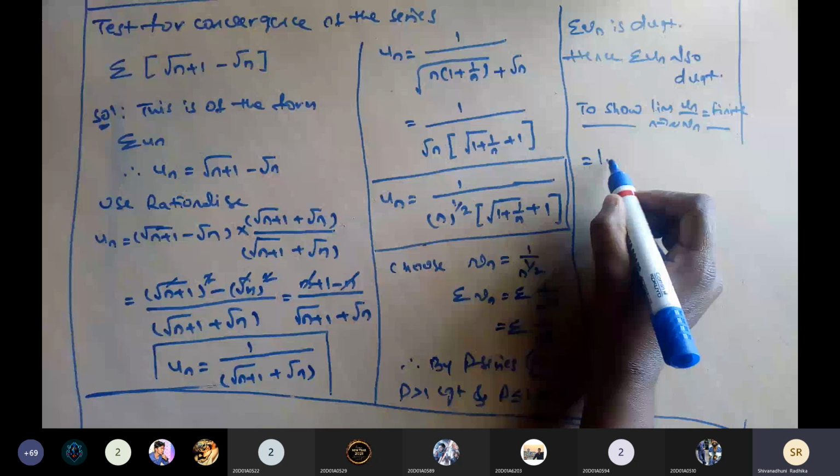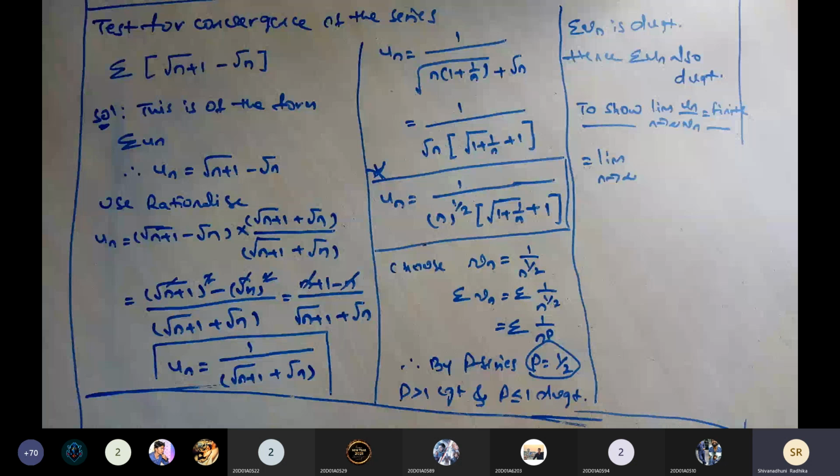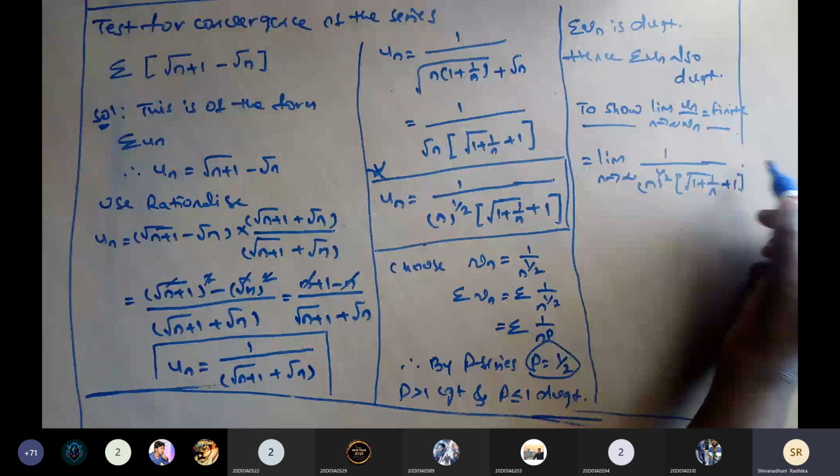This one is the un star, reduced to modified form, and from that only we are taking the vn term. Now substitute that here. Un is 1 by n to the power of 1 by 2 into under root of 1 plus 1 by n plus 1. It is clear? Completed. Into 1 by Vn.